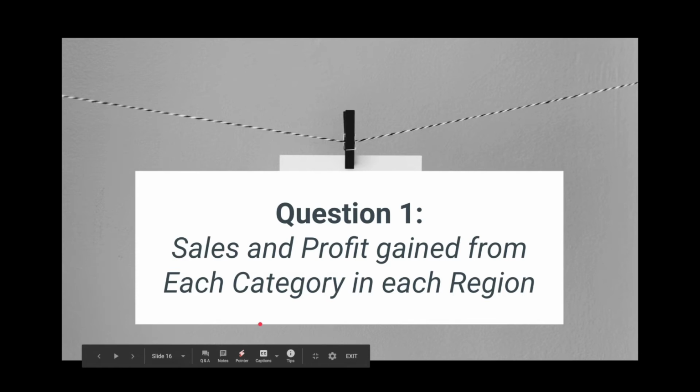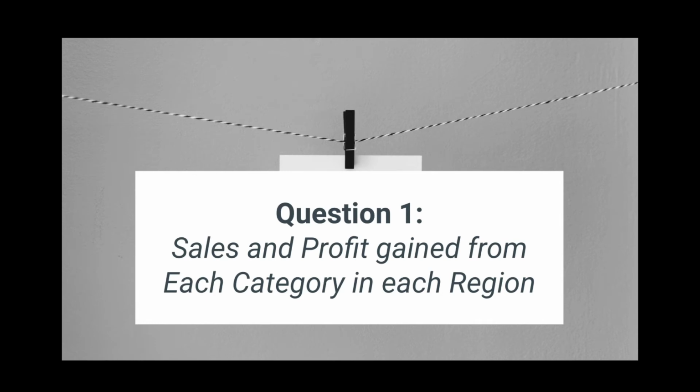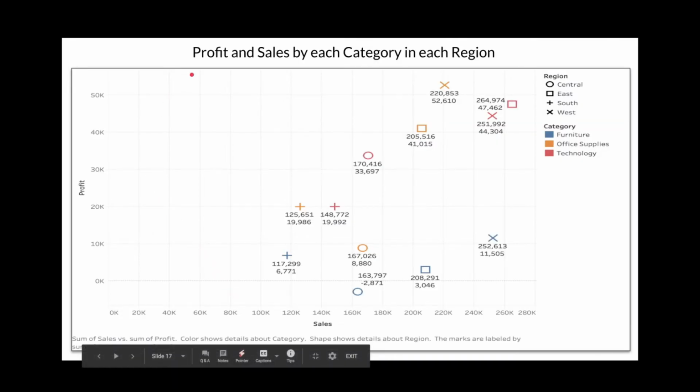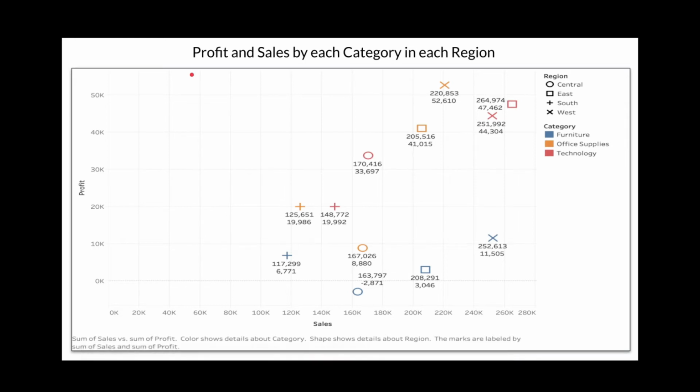For question 1 of part 3, I have to explore the sales and profit gained from each category in each region. And here is the visualization that I have made for profit and sales gained by each category in each region.